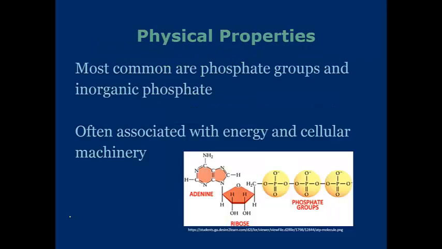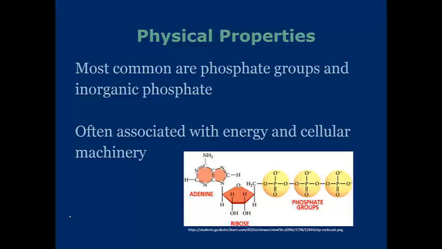In terms of physical properties, the most common are phosphate groups and inorganic phosphates. These are often associated with energy and cellular machinery. Listed at the bottom right is ATP, which is what every single biological organism uses for energy. As you cut phosphates off of ATP, the energy output gets less and less.